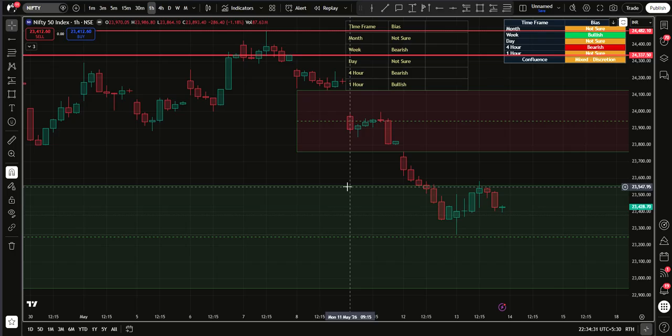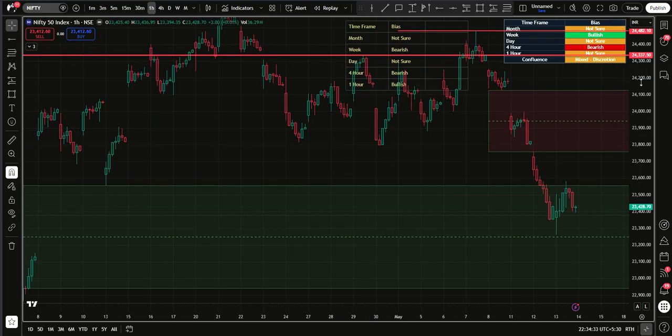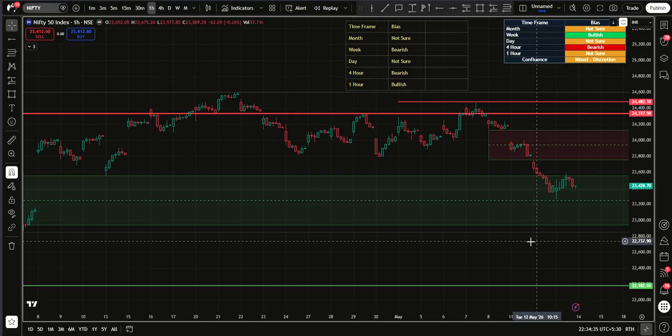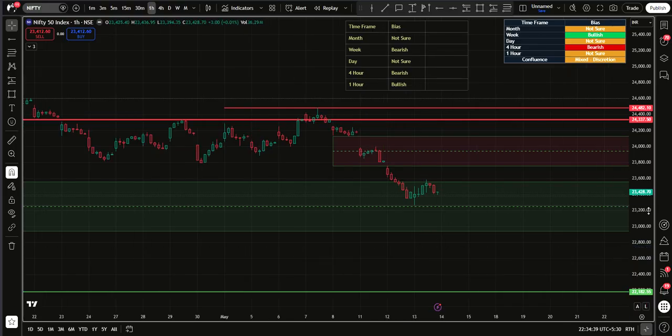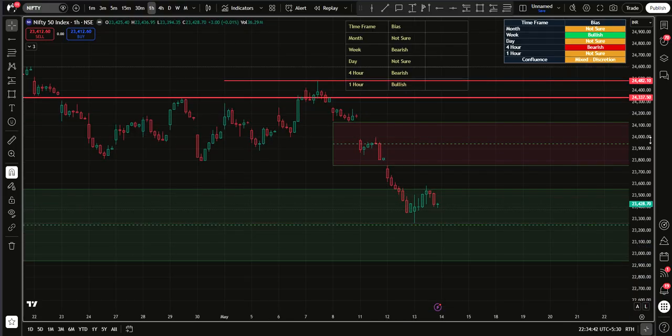So it must be the larger time frames that rule the charts. In such scenarios, the biases on the smaller time frame become irrelevant, and the larger time frames take over. Well, let's see what holds good for Nifty.